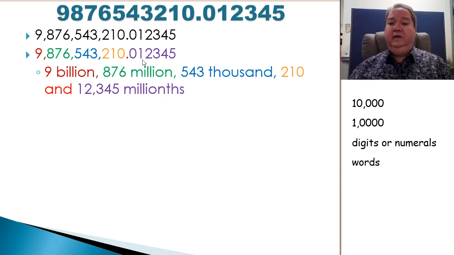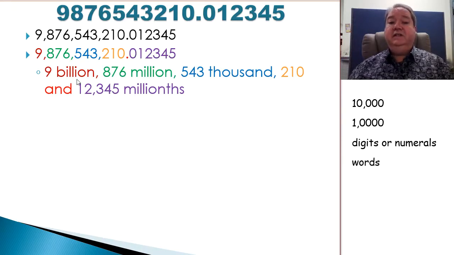Now, how do we read this? Well, we read it just like it's a number. So we have 12,345, and that is tenths, hundredths, thousandths, 10 thousandths, 100 thousandths, millionths. So we have 12,345 millionths.